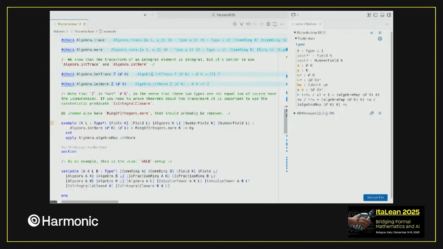And even more annoying, the point is that Z is not the ring of integers of Q. Well, in which sense is it not? The statement that Z equals OQ is a statement that you don't want to consider in Lean. It's surely undecidable in Lean, but of course these two rings are isomorphic.